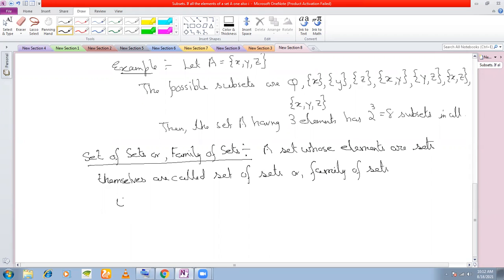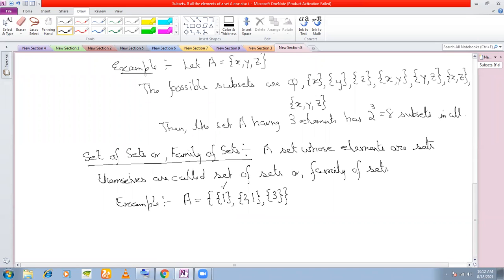Example, if I consider the set A as shown, this set, if you see, contains sets themselves, right?